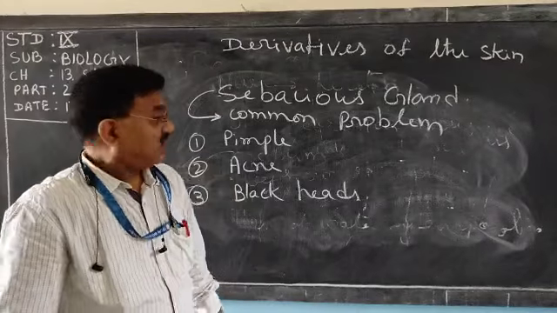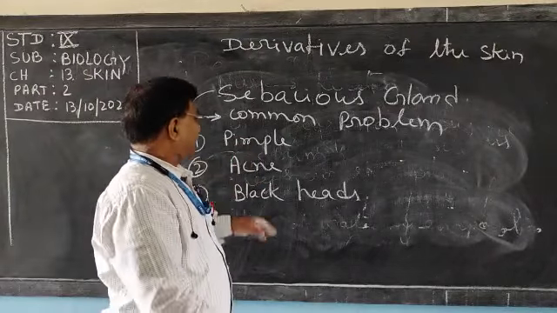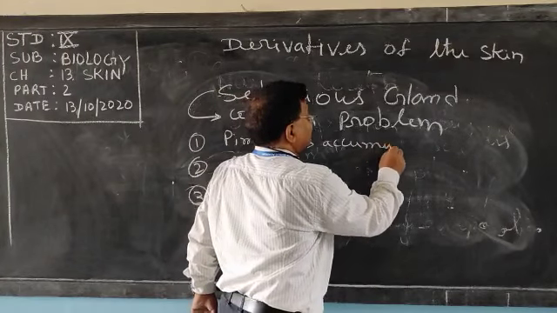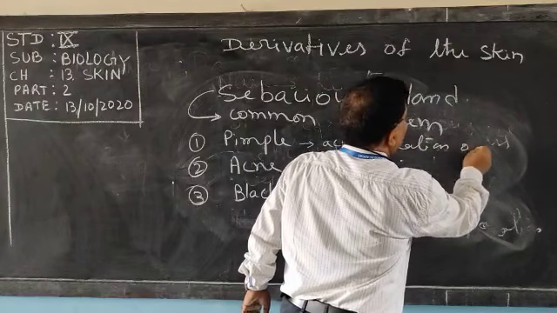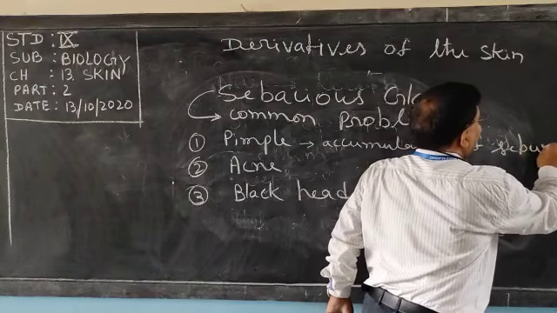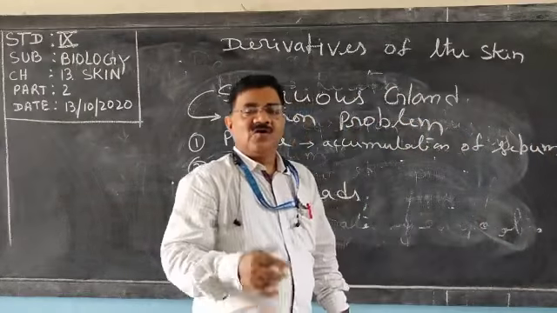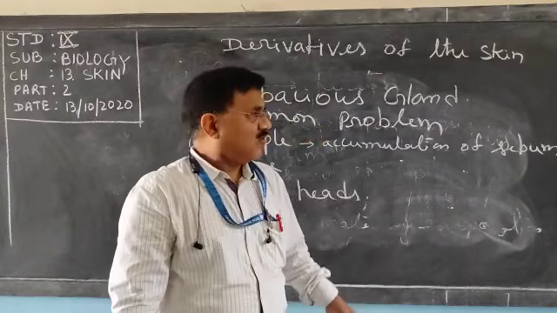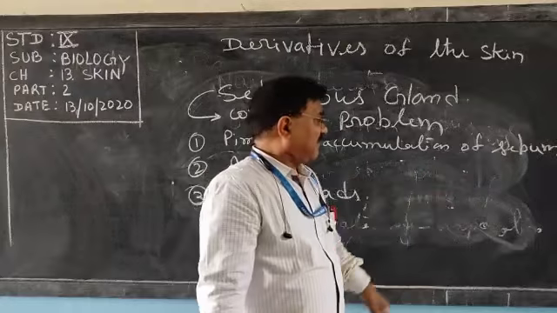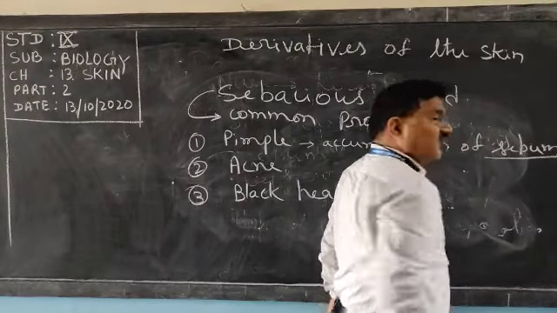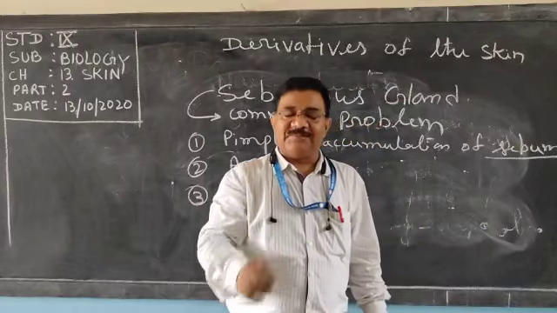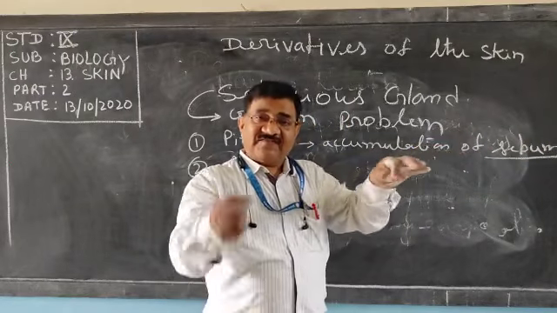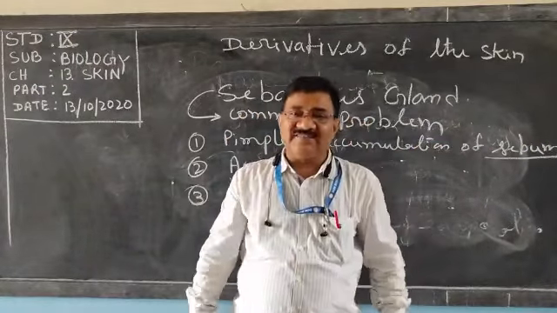Pimple. What will happen if there is accumulation of sebum on the skin? There will be bacterial infection. Why? Because sebum is a good food, it gives nutrition to the bacteria. Now how is the sebum accumulated?